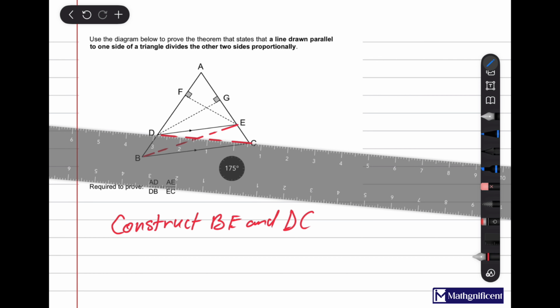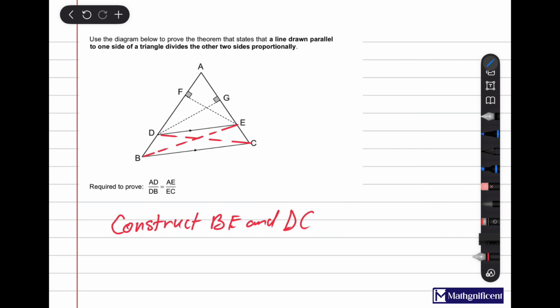We are going to have triangle DEC, which is also an obtuse triangle. So since it is obtuse, when we want the height, we are going to construct it outside. Since it's now already constructed, we are going to refer to DG as our height, right? So that's what we know from this triangle so far. So we have constructed BE and DC.